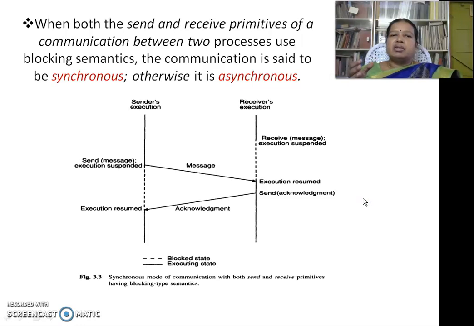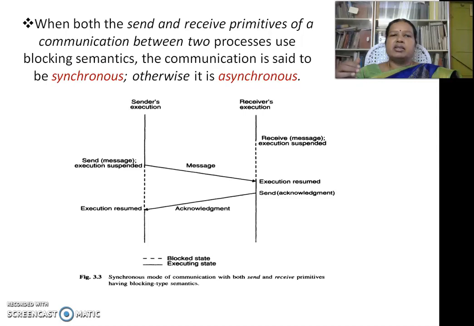For example, here is the diagram that shows the two modes, synchronous and asynchronous. Here the sender sends a message, and the receiver side's execution is suspended until it receives the message. After it has received it, it sends an acknowledgement to the sender that it has received.